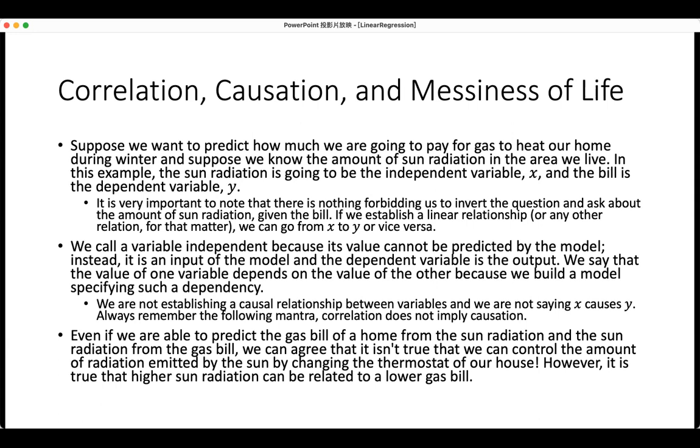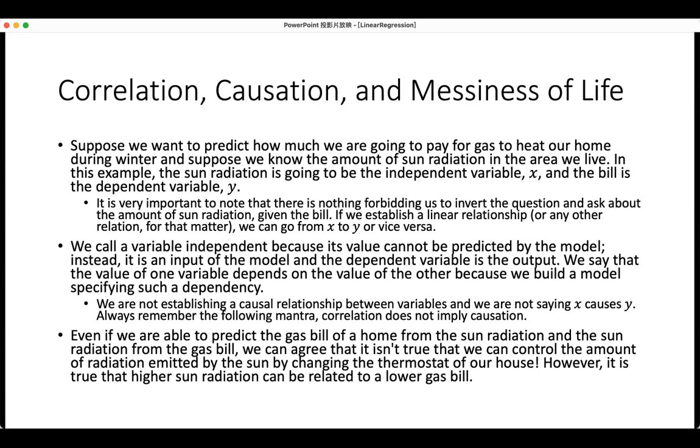Suppose we know the amount of sun radiation in the area. If the sun radiation is high, most likely the temperature will be higher, so it will affect the gas used for heating, and the cost of the gas should go down.